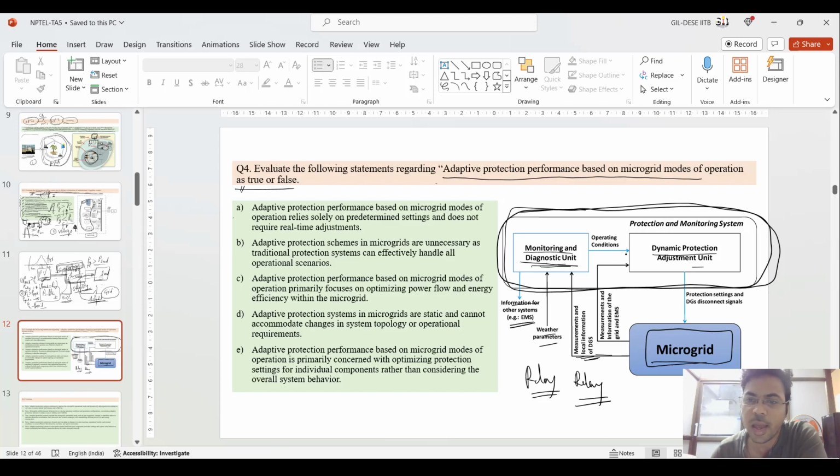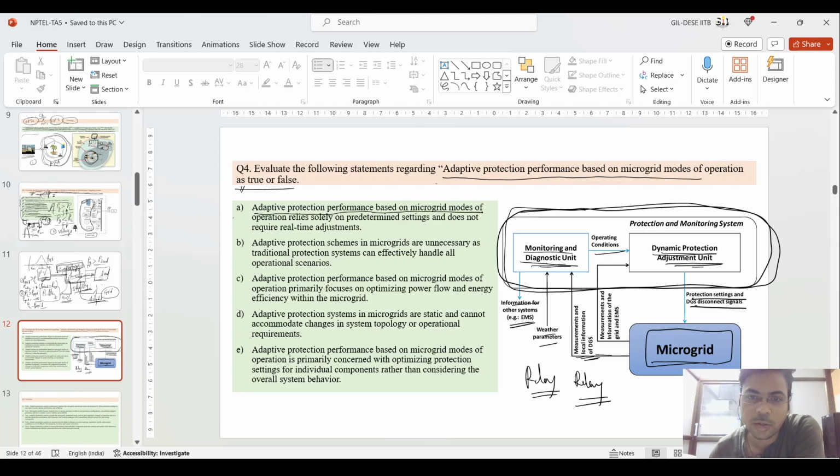This unit gives information to other systems such as the energy management system for optimizing the energy, and the operating condition is also sent to the dynamic protection adjustment unit. Then the dynamic protection adjustment unit sends commands to the microgrid through protection settings and disconnection signals. So there is a closed loop system, so that it should not be disconnected unintentionally, and the protection has to coordinate based upon the microgrid data.